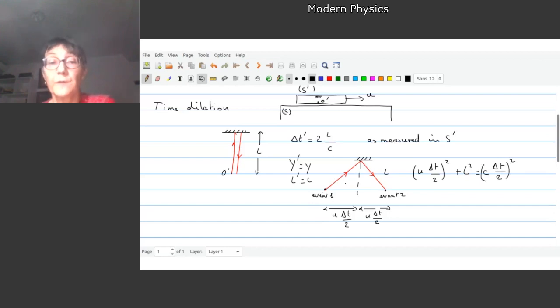Over 2 because it's 2 times. So when you treat this triangle, it's only half the time. I think there is no problem here.